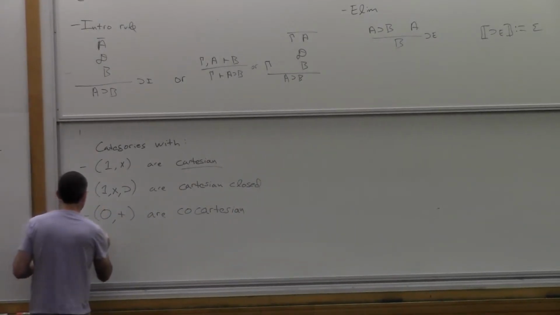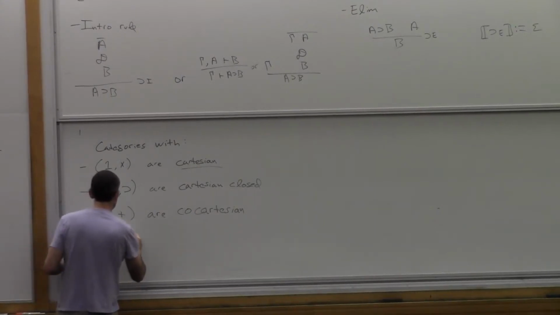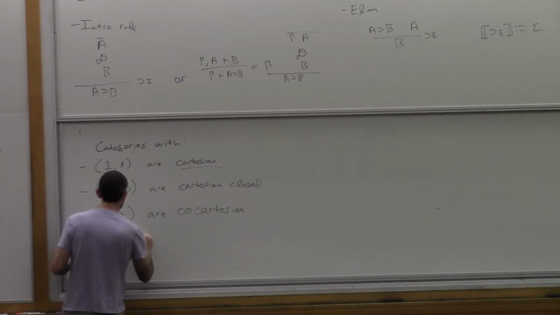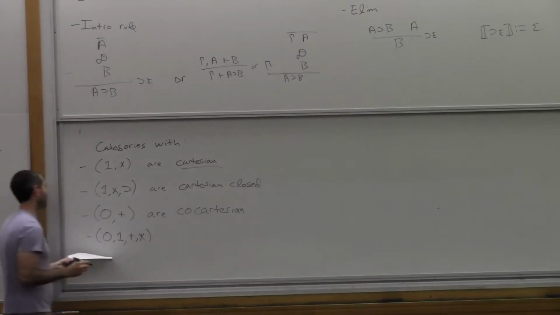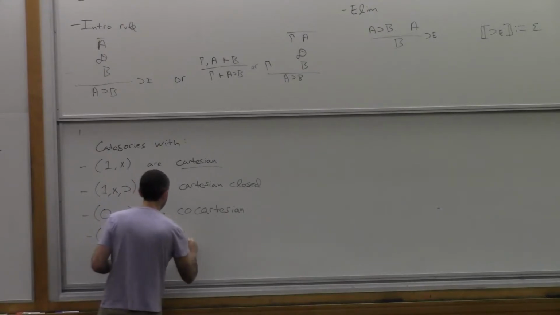And if we have both initial and terminal, and both coproducts and products, so that is if we have finite coproducts and finite products, then those are bi-Cartesian.